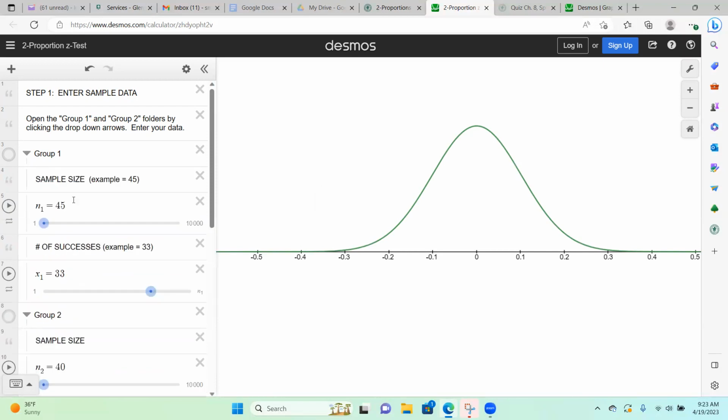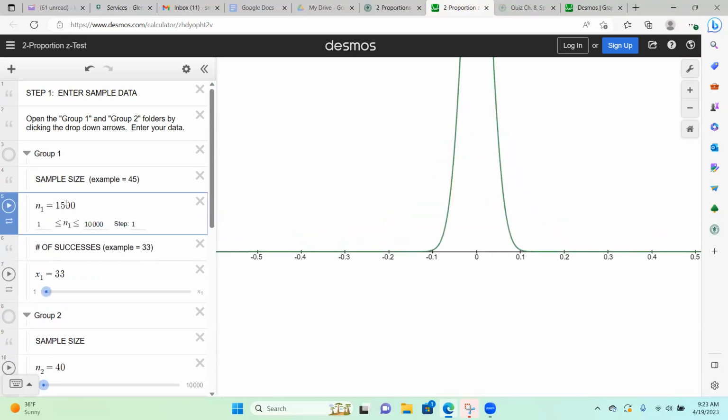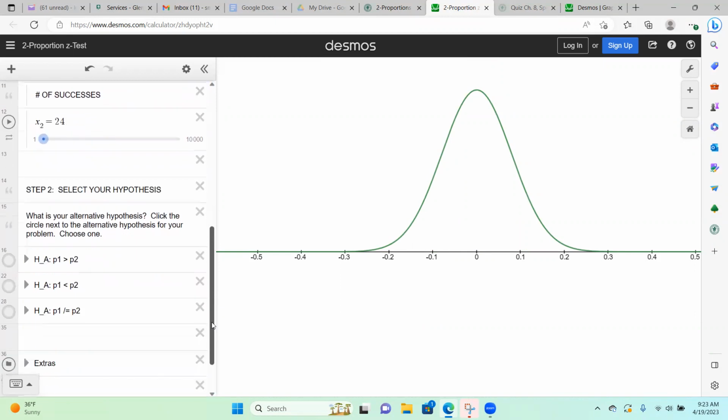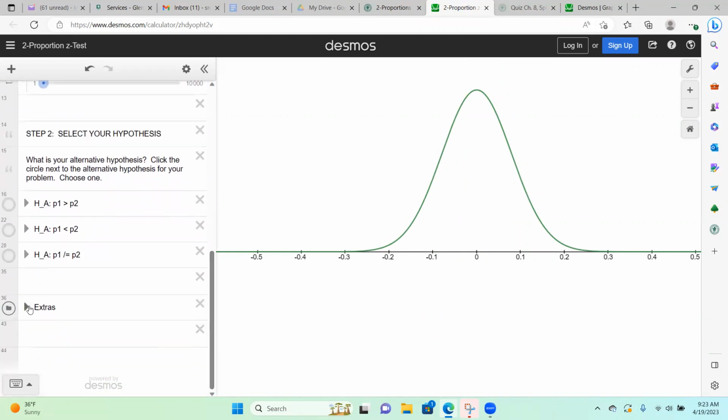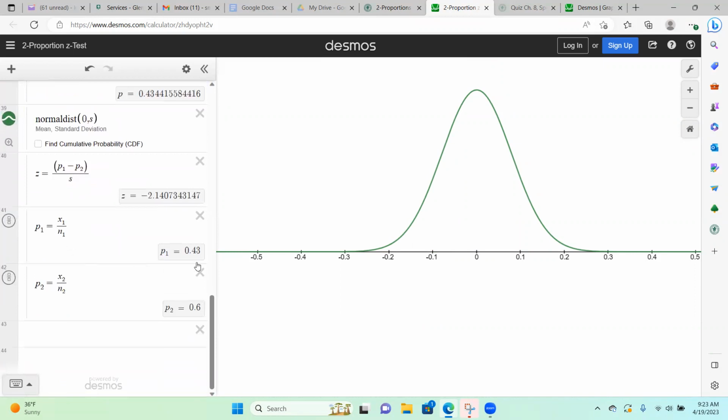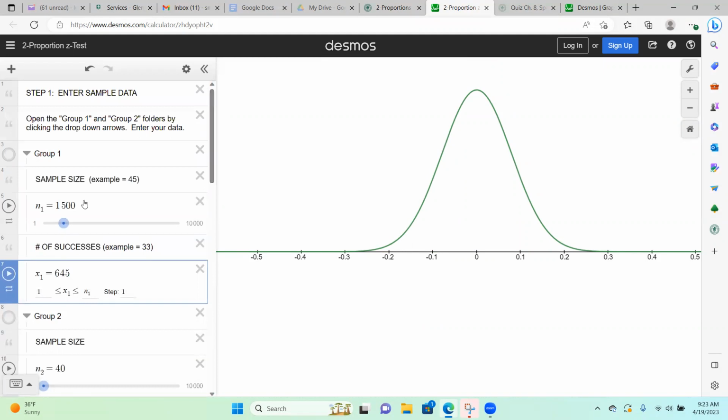Group 1 is going to be, in this case, our 2002 data. So our N was 1,500 and our X was 645. And if you're wondering where the p-hat is, if we go all the way down to the bottom, I'm fairly sure that's where they give us our p-hat. So p-hat 1 is 0.43.